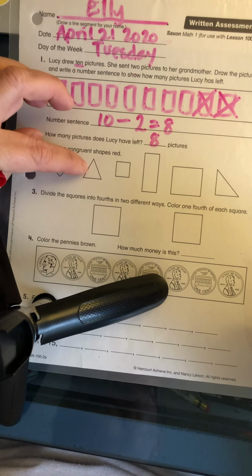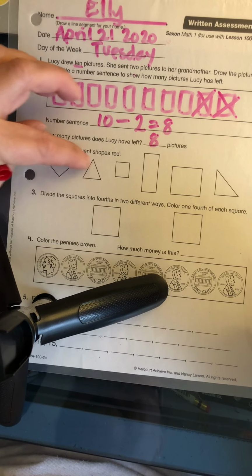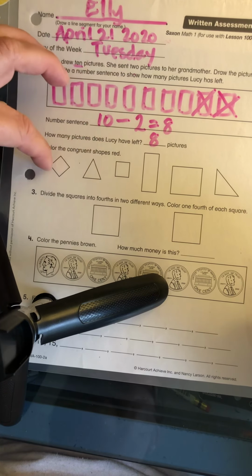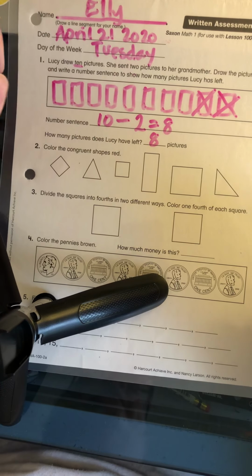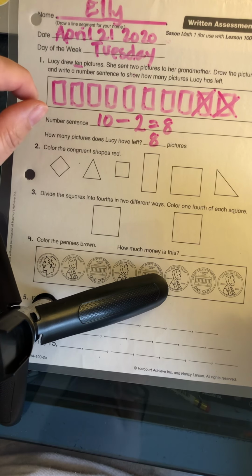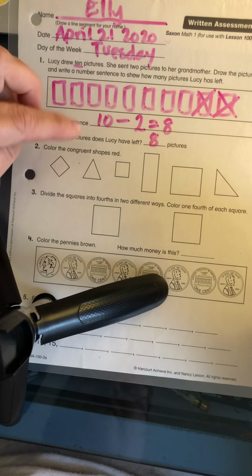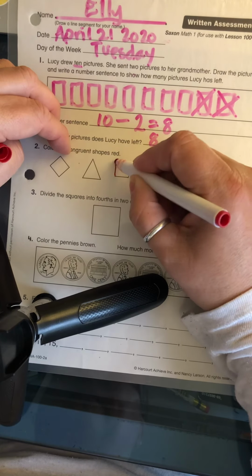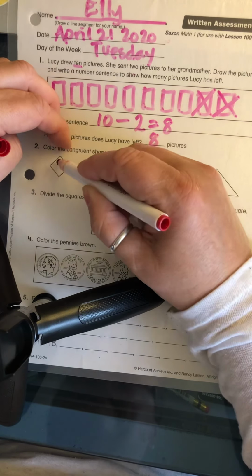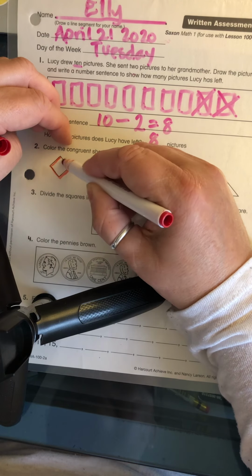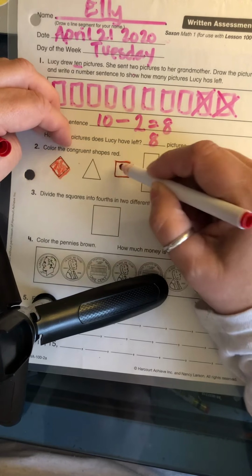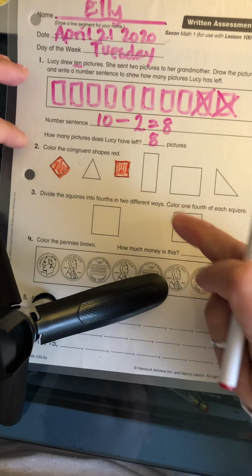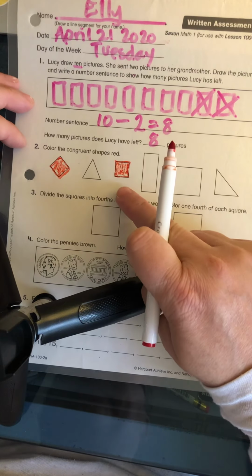No, because we know this one's a triangle. The square, oh, here's another one. But this one's a diamond and this one's a square. But are they the same shape? Maybe they are, just twisted. I think so. I'm gonna color that in red. Color them in red and color them in red. There we go.